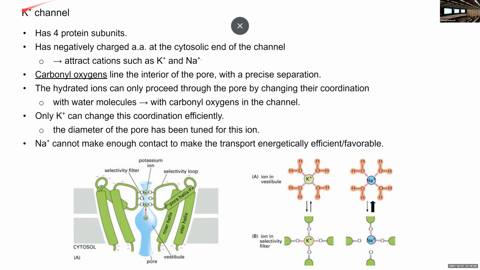And potassium leak channels too, we talked about them, especially focusing on the selectivity filter or ion filter. So you should understand how it works too.